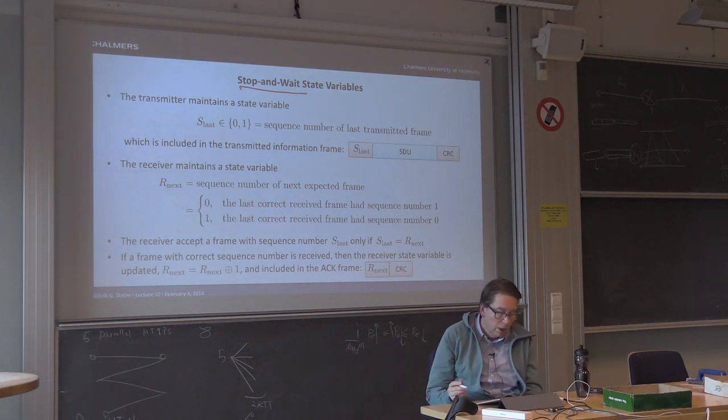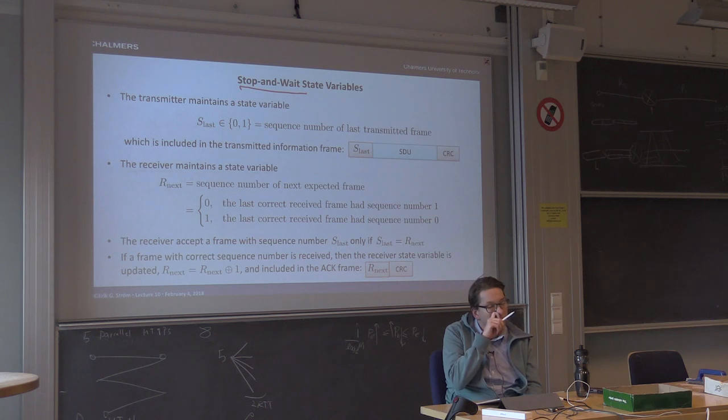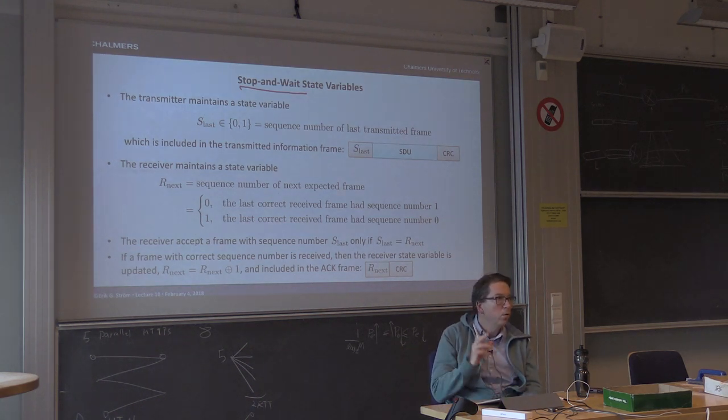Okay, so in this case, the transmitter needs to maintain a state variable that keeps track of the sequence numbers of the transmitted frames. And it turns out for stop and wait, since we're only transmitting one frame at a time, we don't need to enumerate them 0, 1, 2, 3, 4, etc. It's enough to enumerate them by 0 or 1.